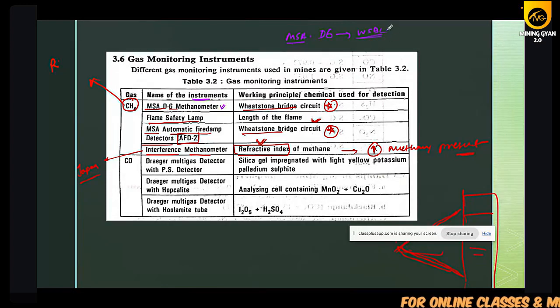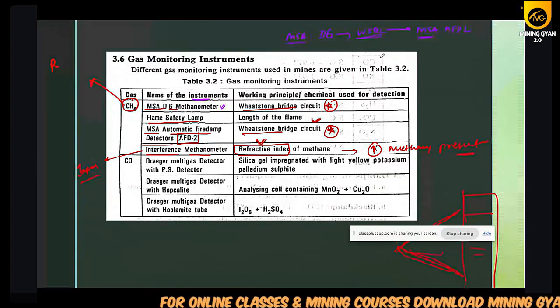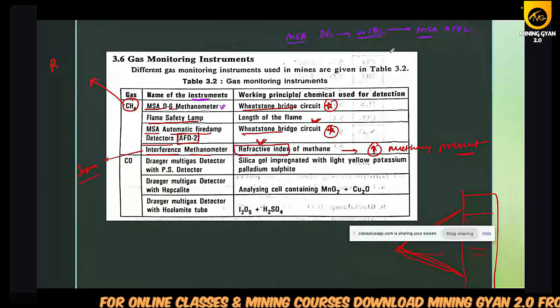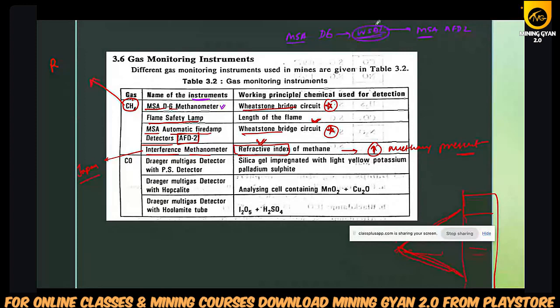And another is the MSA automatic firedamp detector, that means MSA AFD2, which is also based on the Wheatstone bridge circuit. Okay, so just remember.